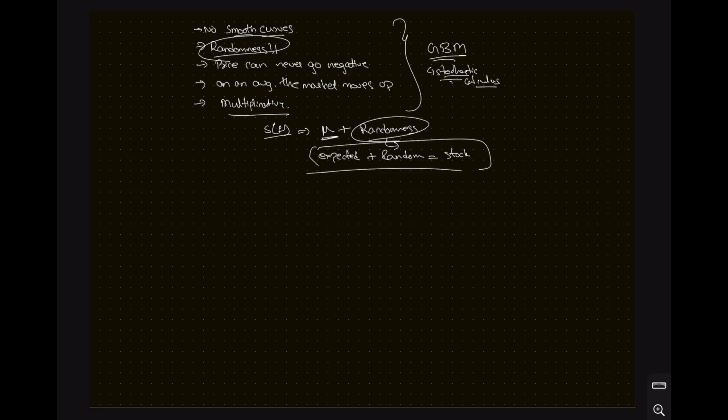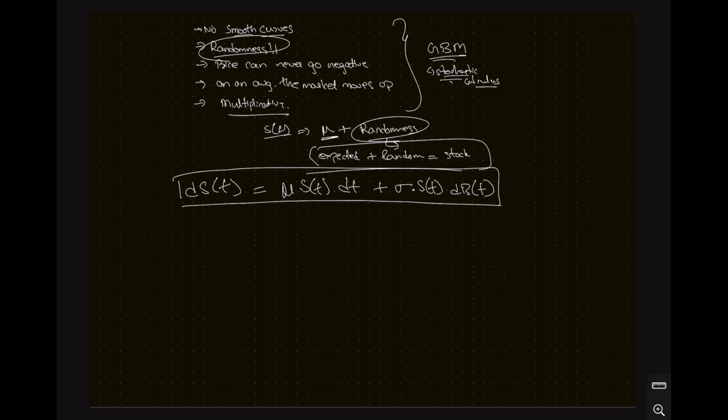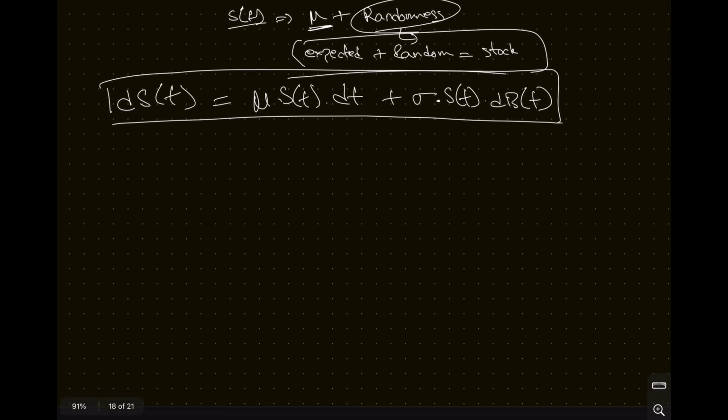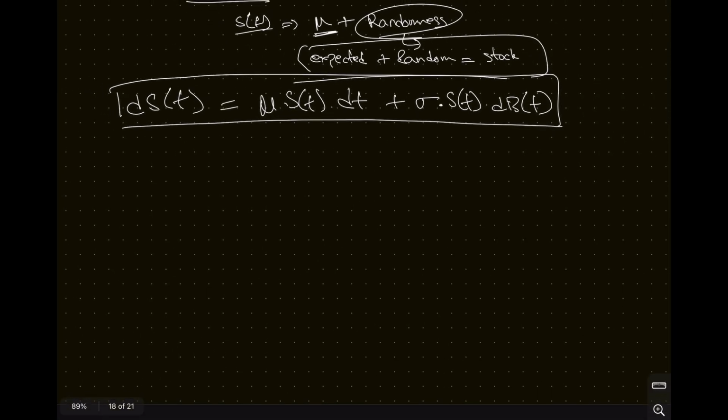So the basic version of the geometric Brownian motion assumption is going to be dS(t) equals mu times S(t) dt plus sigma times S(t) times the Brownian motion. This is the underlying equation that we're going to solve to simulate the geometric Brownian motion for the stock market.